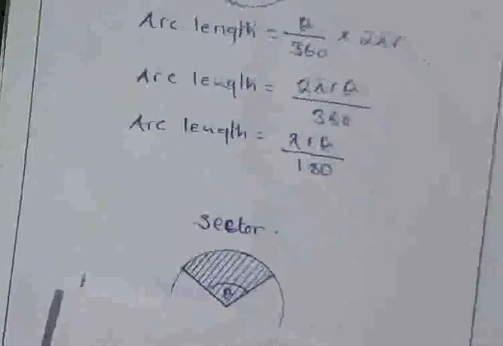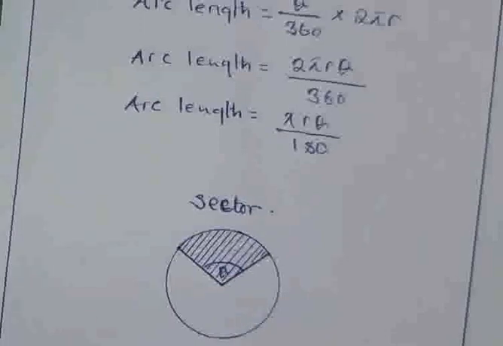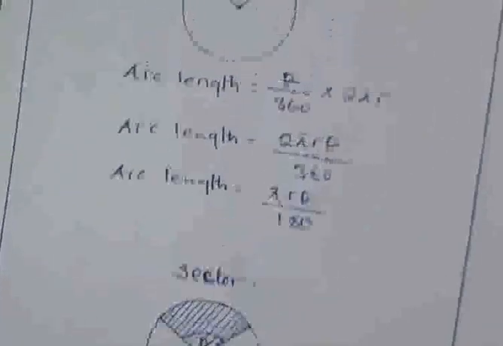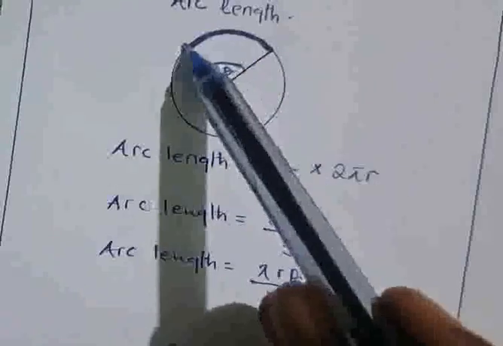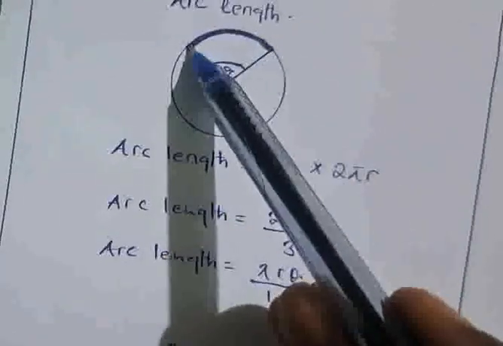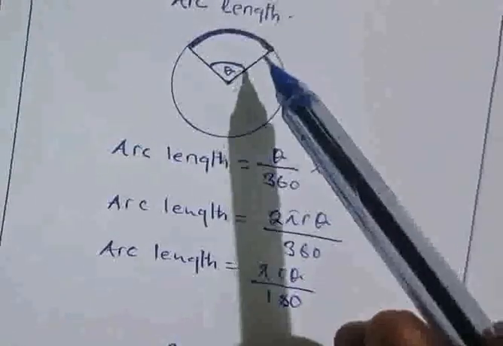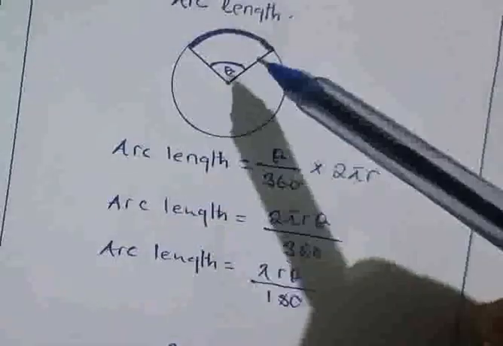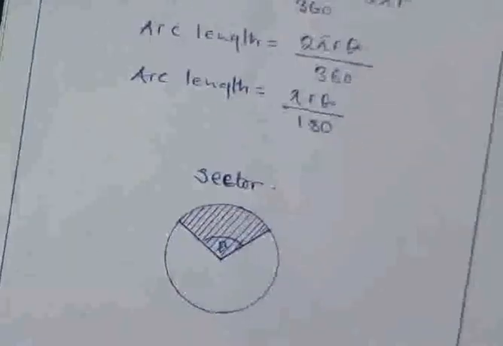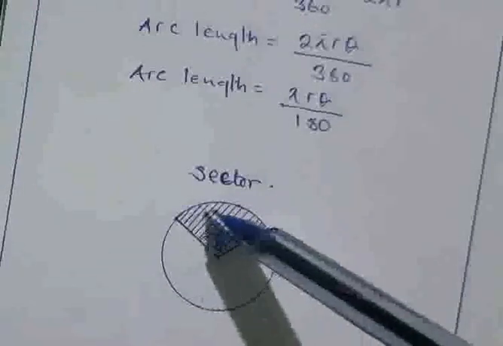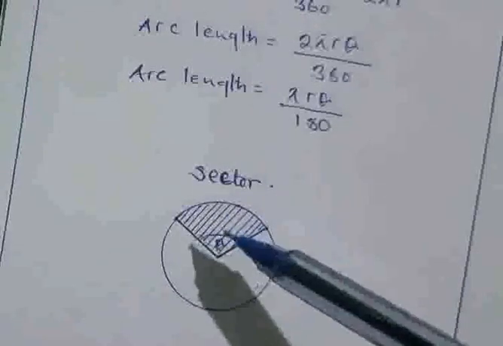The sector. What is the sector? Again, remember, we're coming from this part here. Now we're looking at this dimension from here up to here. Now, when we talk of the sector, we look at the whole part of this, like it is shown here. The whole of this is called a sector.